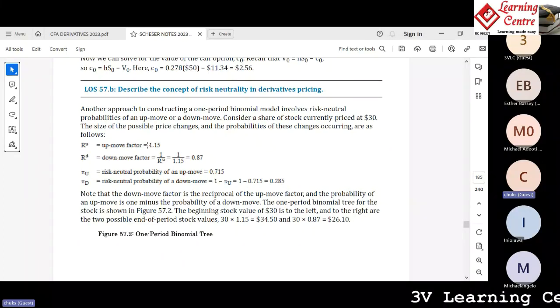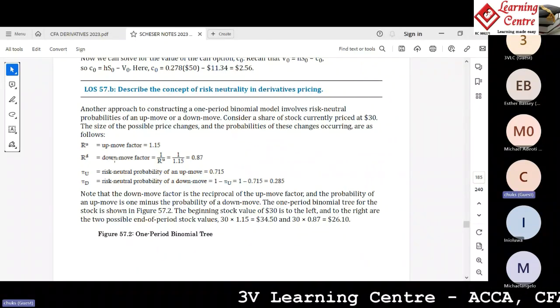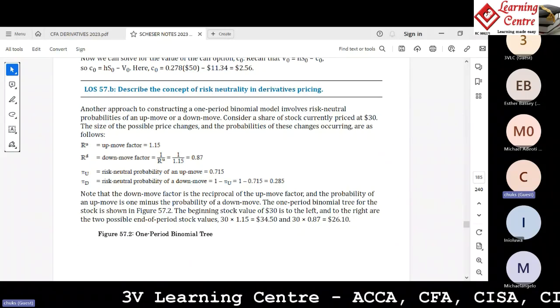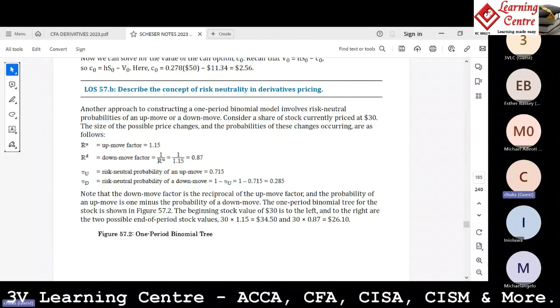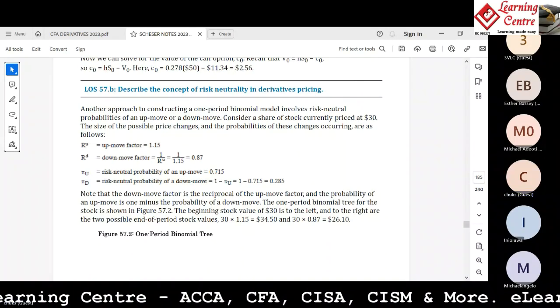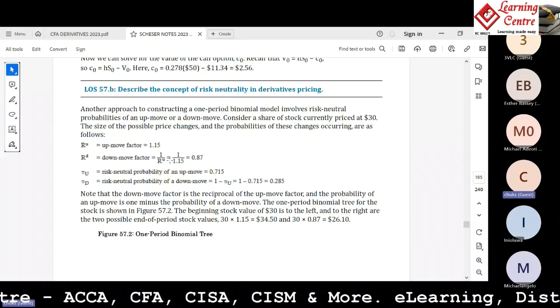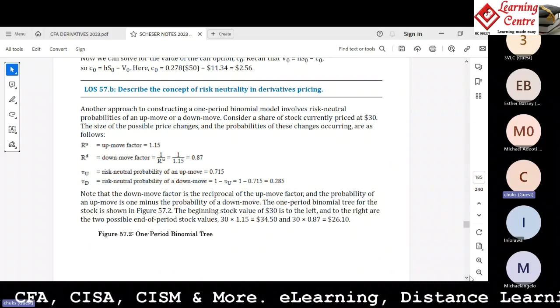So for you to get the down move, you just do 1 divided by 1.15. So you will have a down move at 0.85 and an up move at 1.15, basically. So before you get to this, they're supposed to show you how to calculate that.